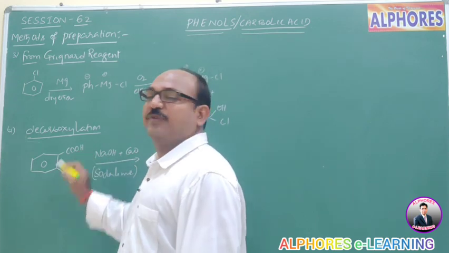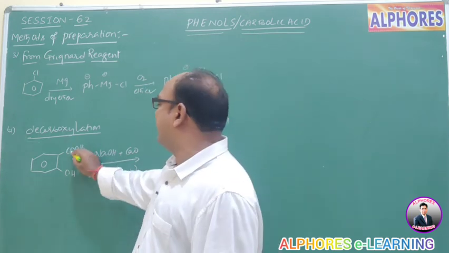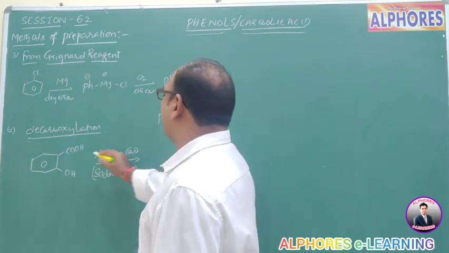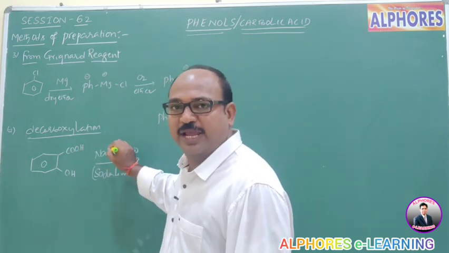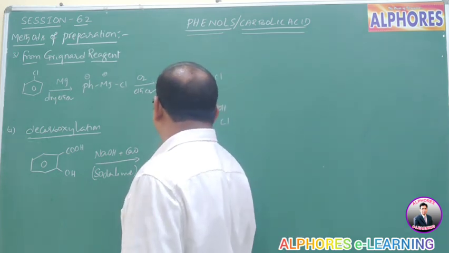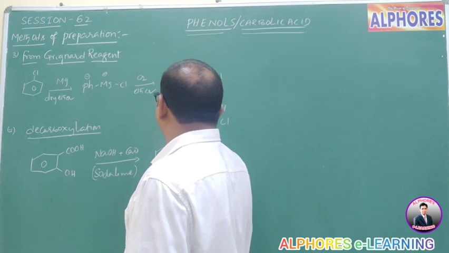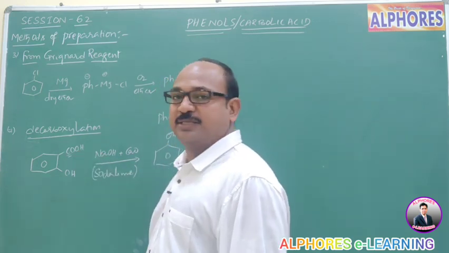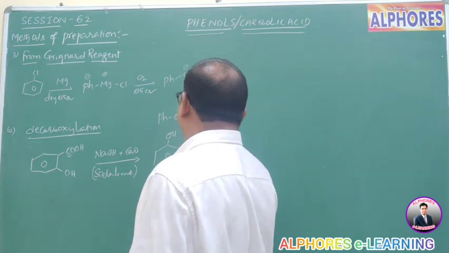Here upon reaction with NaOH, salicylic acid converts into the sodium salt of salicylic acid. The sodium salt upon further reaction with NaOH, we are getting phenol. During decarboxylation, this carbon comes out along with these two oxygens in the form of CO2.